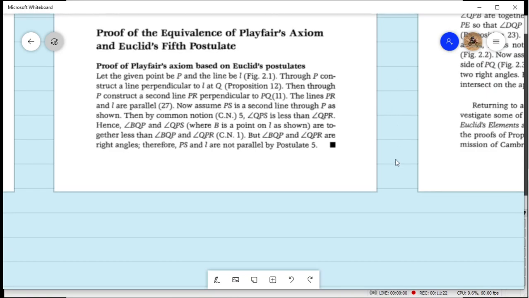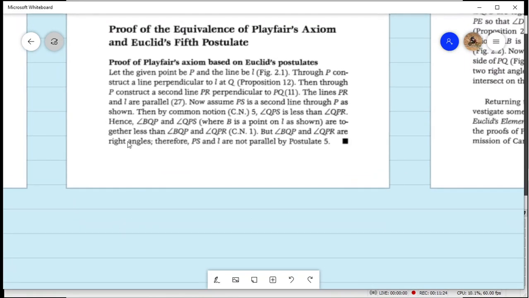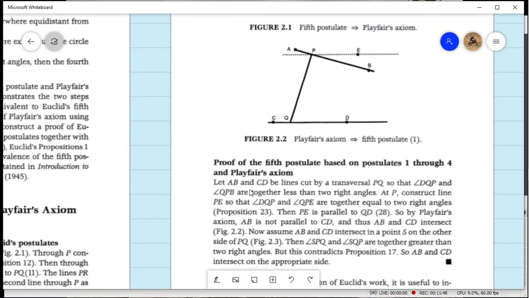When we prove such an equivalence, that would mean that the assumption of Playfair's axiom plus the first four postulates would lead to the conclusion, Euclid's postulate, and vice versa. Meaning the fifth postulate plus the four other postulates would imply Playfair's axiom.